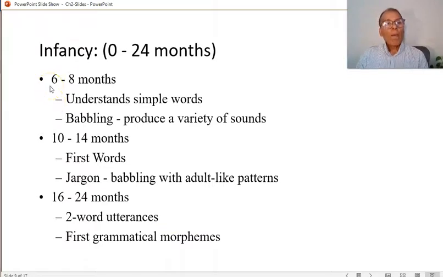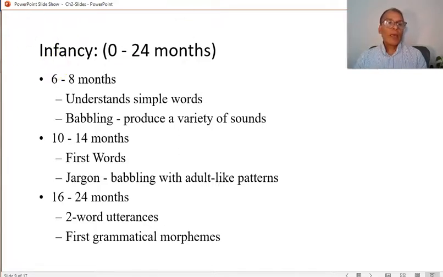So in terms of speech, around the second month, the baby begins to go through a stage called cooing, when they make vowel sounds and sounds that are similar to vowels.